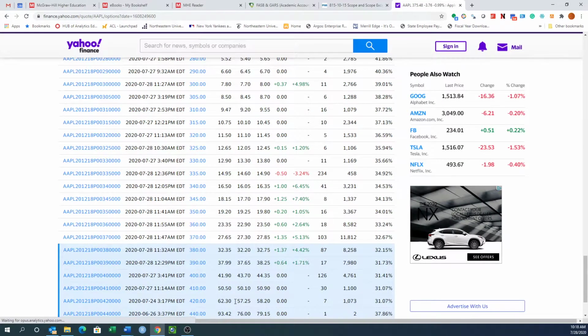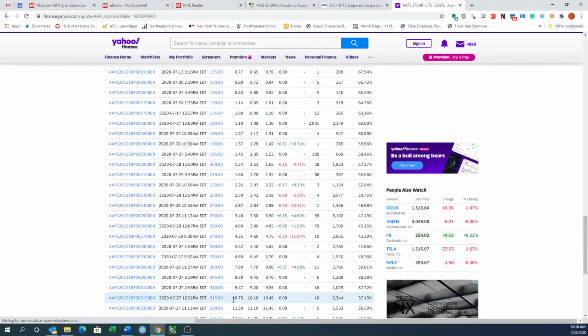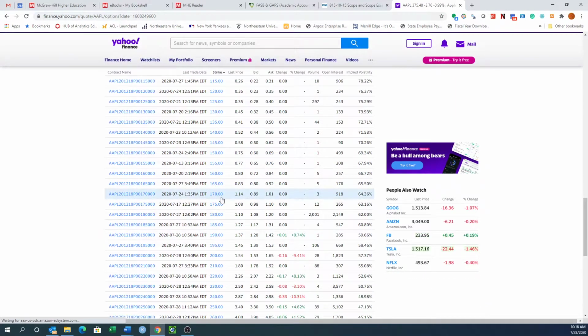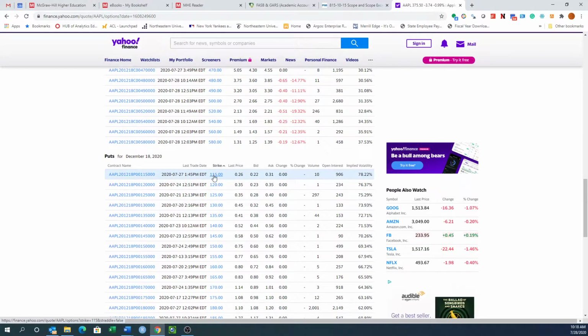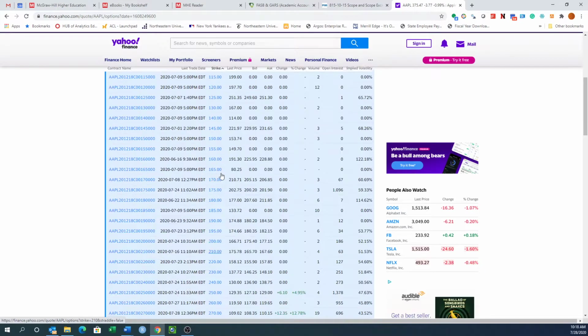And as you go further up, if I wanted to sell it at $115, it would only cost me 26 cents to buy this option. So if all of a sudden Apple crashed and it dropped below $115 a share, then this would be a pretty good price to pay at 26 cents to get whatever gain it would be if it dropped below $115 a share. We're going to stay up here with our call options.